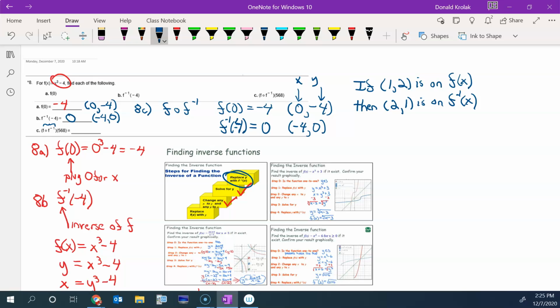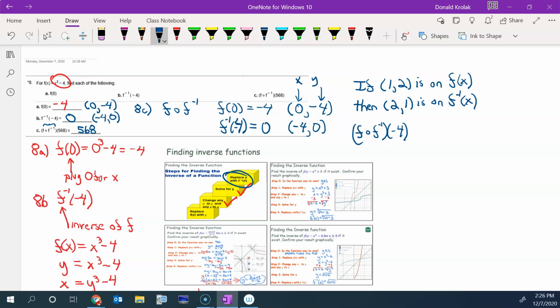If they undo each other, you're going to end up with what you started with, which is 568. So if I had, for example, f of the inverse of negative 4, these undo each other.